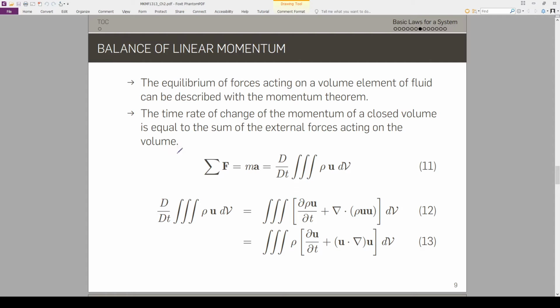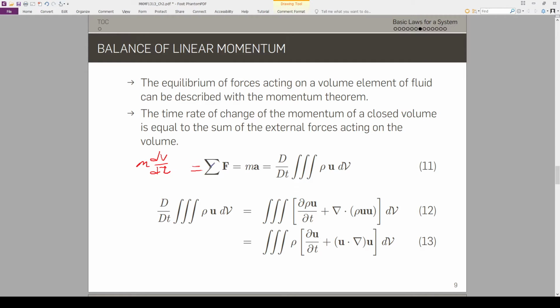So we remember Newton's second law, where the summation of force equals ma, which can be written as the mass multiplied by the rate of change of the velocity in time, dv over dt.